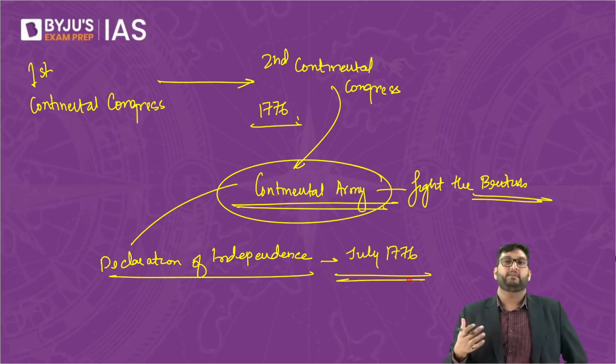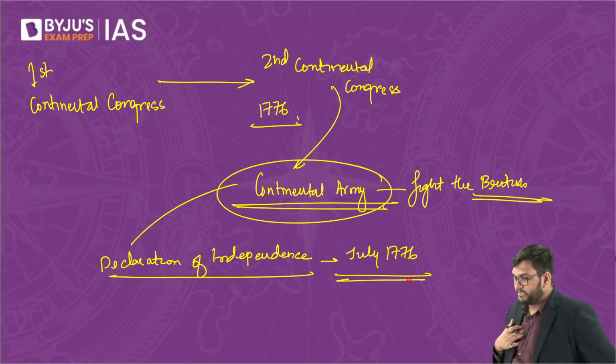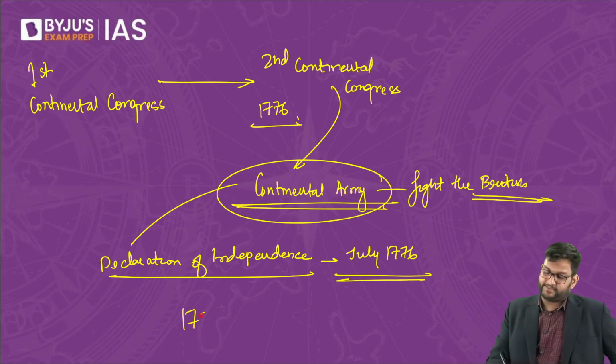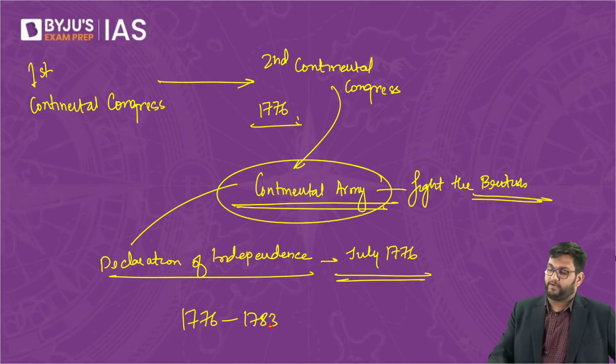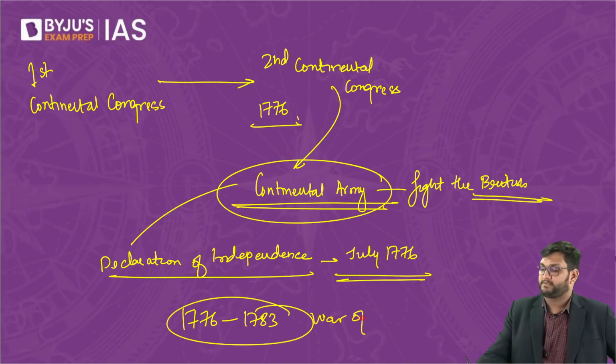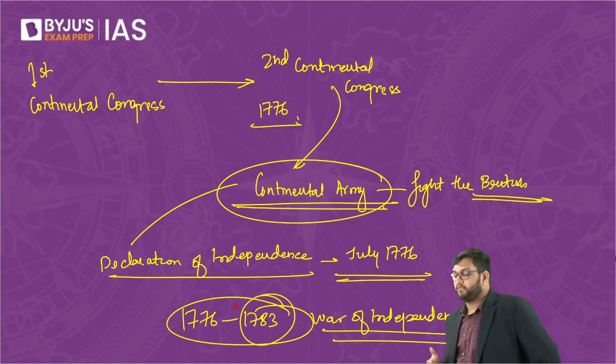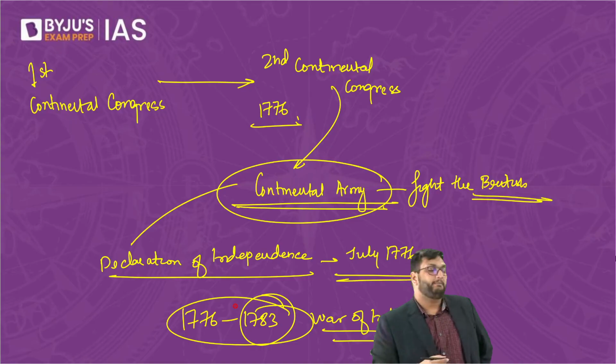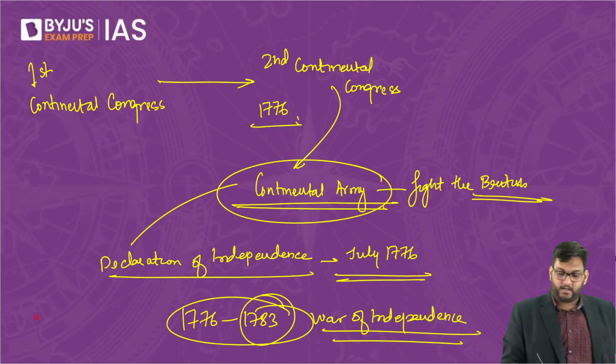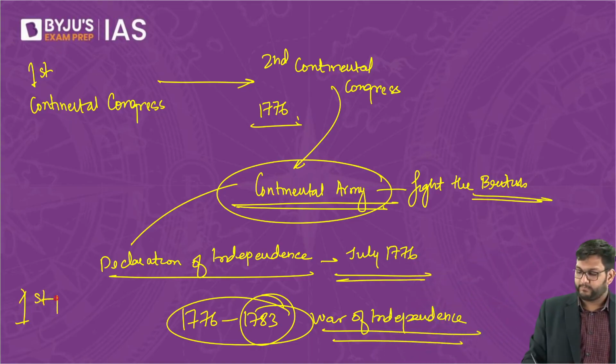They will argue that we are independent, and from 1776 to 1783 they will fight what is called the War of Independence. And finally, they will get independence in 1783 when they will write their first constitution, and America is going to become the first republic in the world.